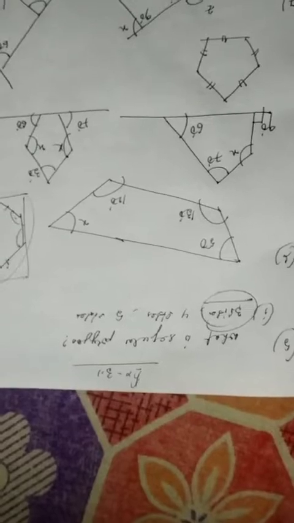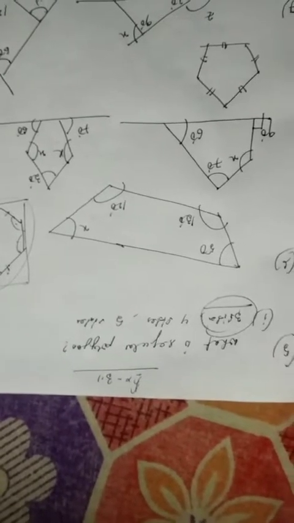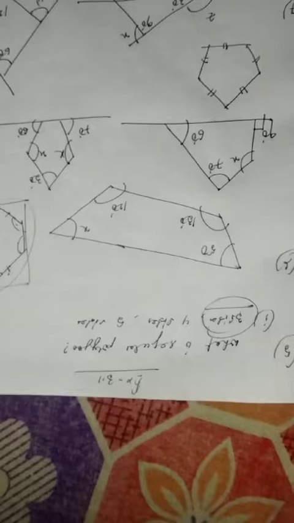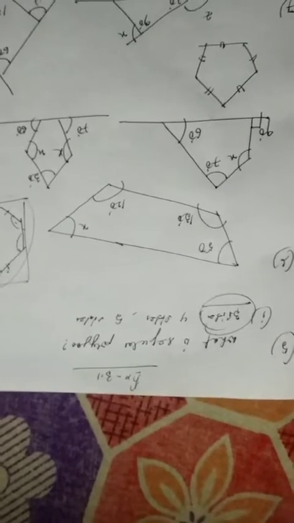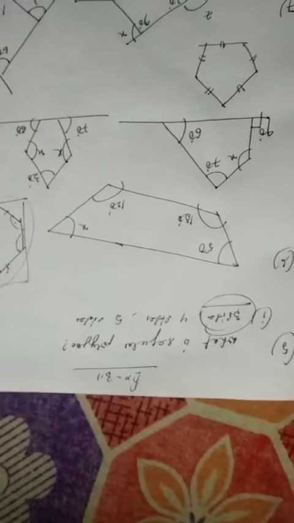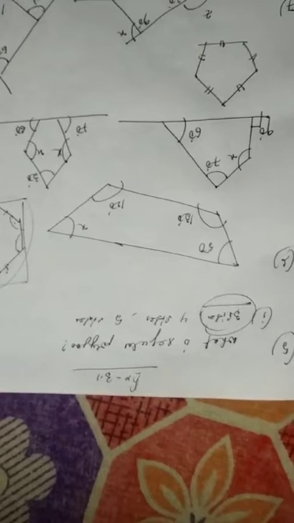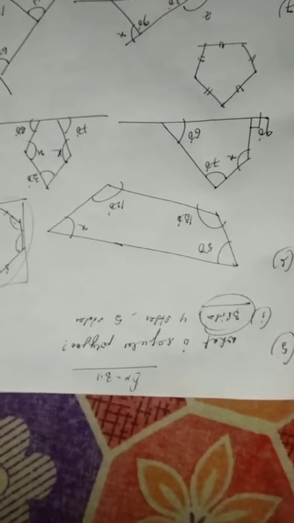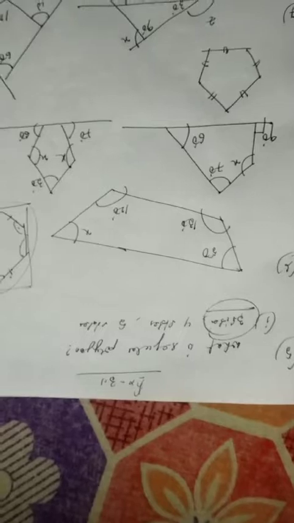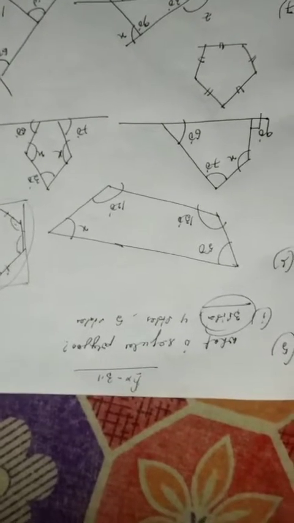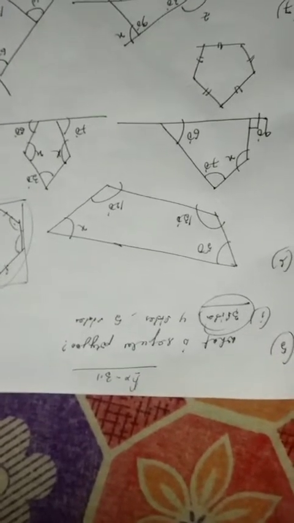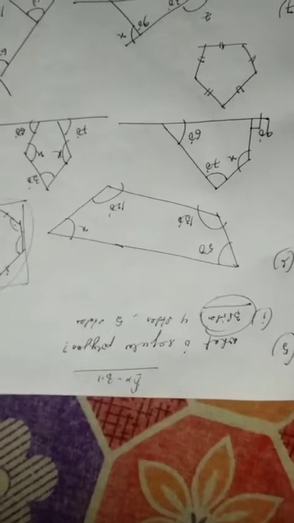So the formula is, number of sides, that is 5, minus 2, into 180 degrees.